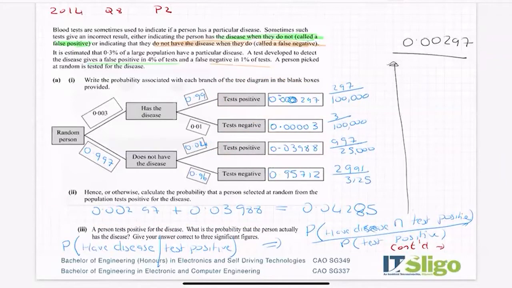Okay, so what did we get for that? 0.04285. And let's put that into the calculator. 0.00297 over 0.04285.